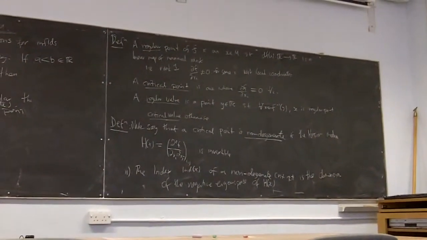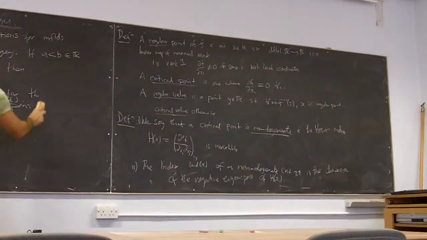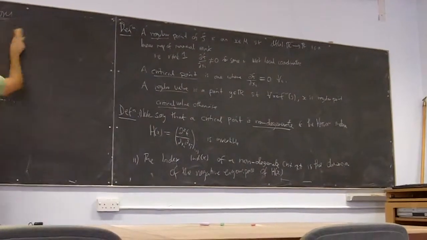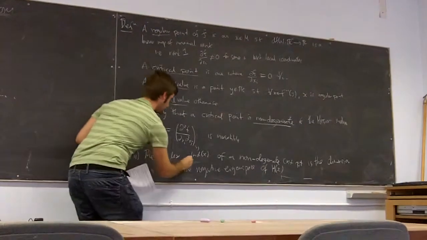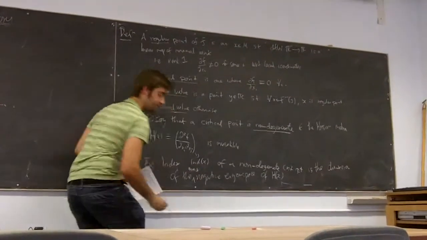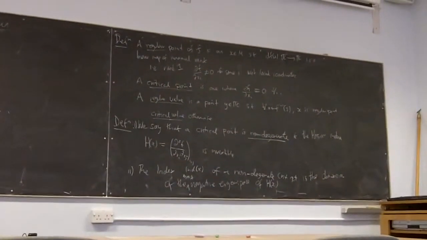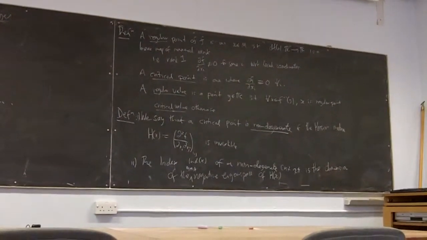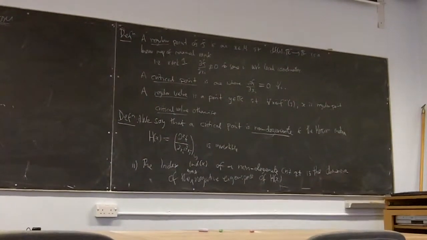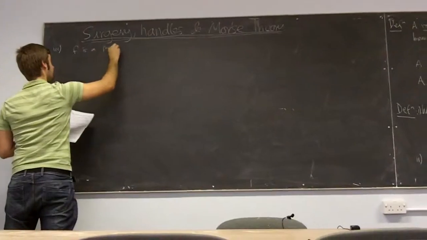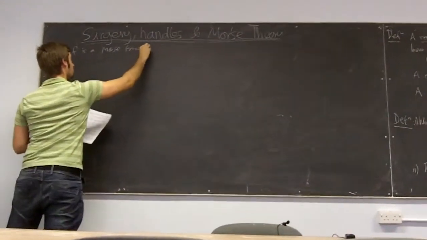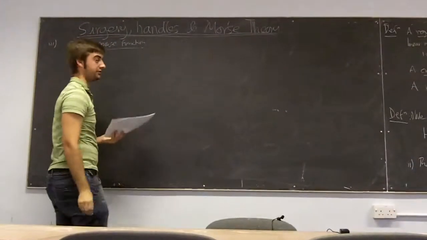Maximal negative, yeah. So 3, we say that f is a Morse function if all the critical points are non-degenerate.